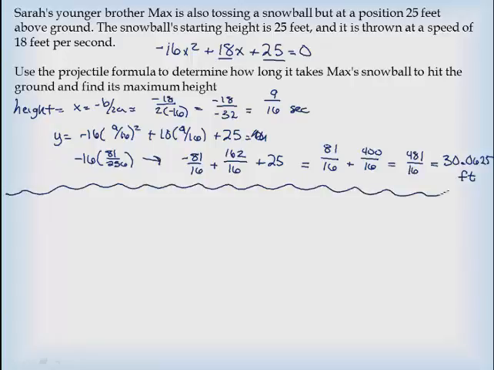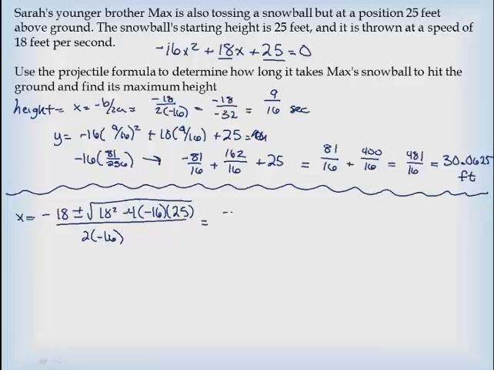And now I want to see how long until it hits the ground. So I'm going to solve using the quadratic formula. Negative b plus or minus the square root of b squared minus 4 times a times c over 2 times a. 18 squared is 324 plus 4 times 16 times 25, which is 1600, divided by negative 32.